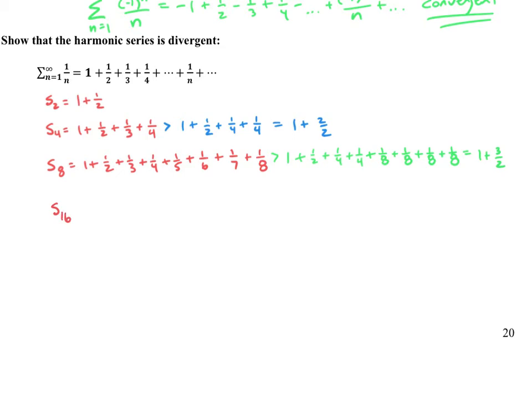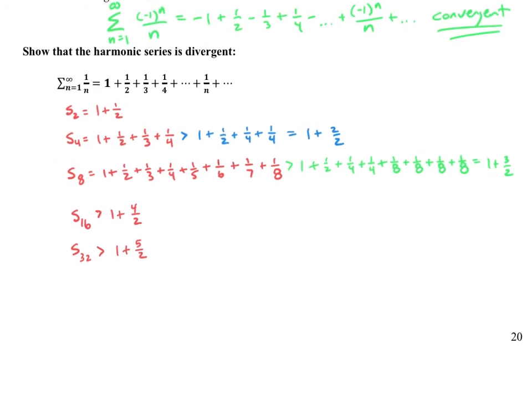And the 16th partial sum would be greater than, if you notice the pattern that we're dealing with, 1 plus 4 halves. And the 32nd partial sum is greater than 1 plus 5 halves. And we could continue with this pattern.